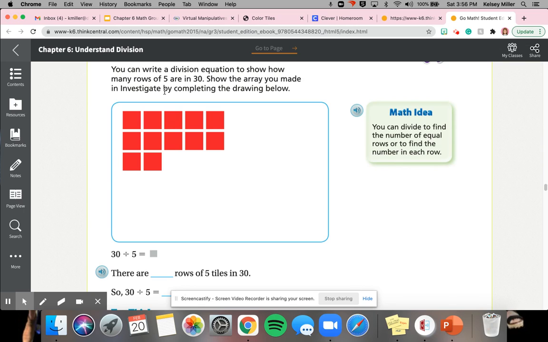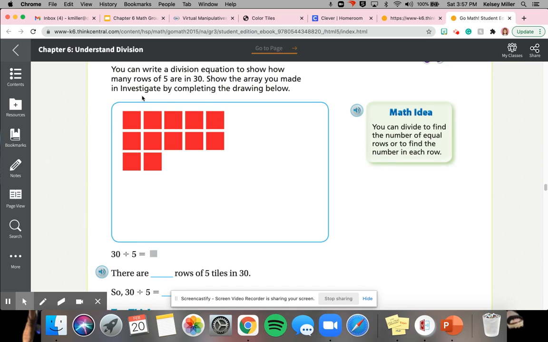All right, and now it has the multiplication sentence down here. So it says 30 divided by 5 equals what? Why is 30 the dividend? Yep, 30 is the dividend because that is the number of tiles that is going to be divided or separated into equal groups. What represents the quotient in this array?